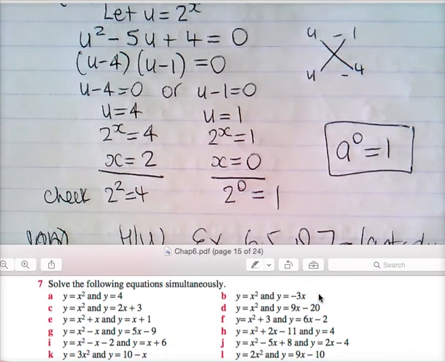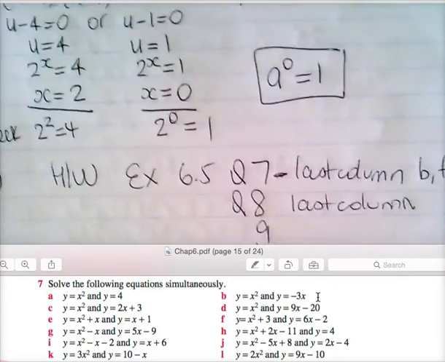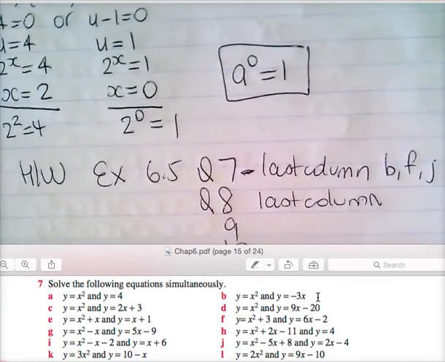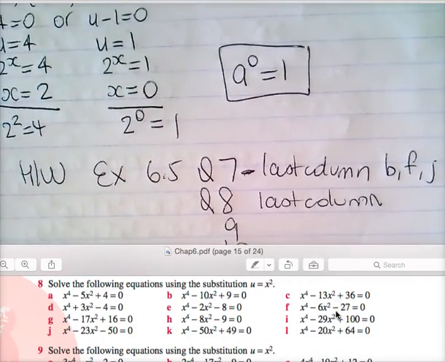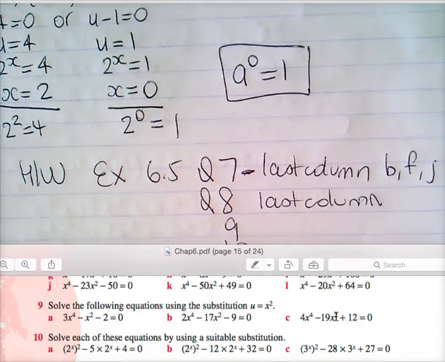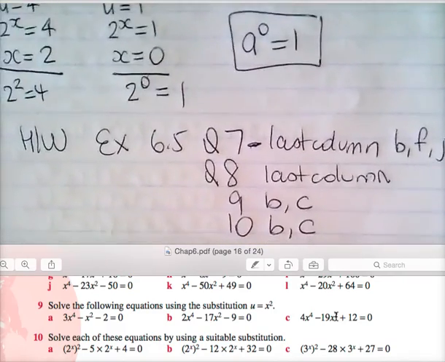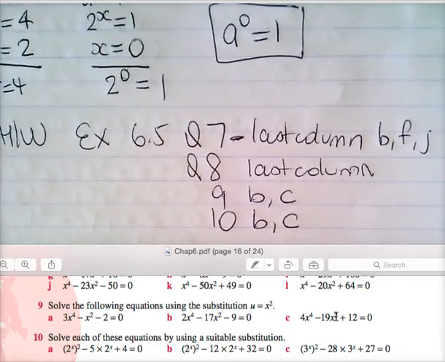Just do 7, B, F and J. Question 8, you can do all of that last column because there's only 4 of them, and you need the practice. Question 9, you can do B and C. And question 10, B and C. So this is the homework.